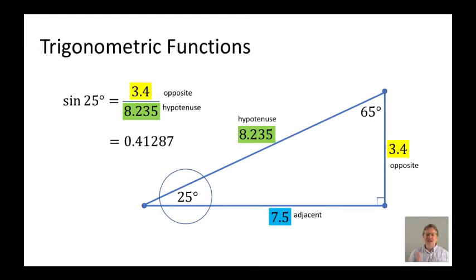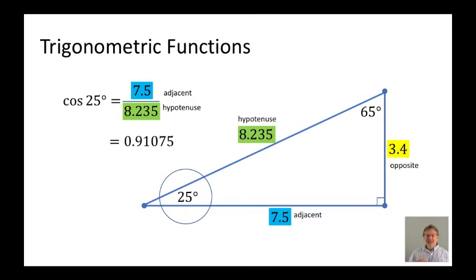It's going to be some kind of decimal between -1 and 1, or in our case, somewhere between 0 and 1. And you can see in this case that the sine of 25 degrees is 0.41287. We could get that by taking the first number there in yellow and dividing it by the green number, or we could get that by finding the sine of 25 degrees on your calculator.